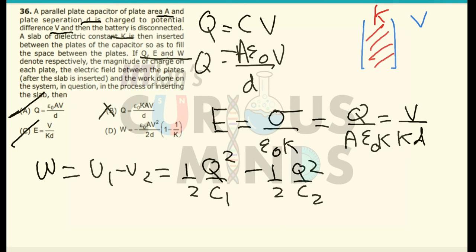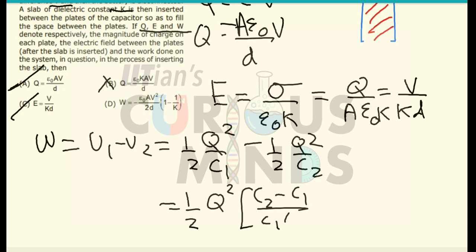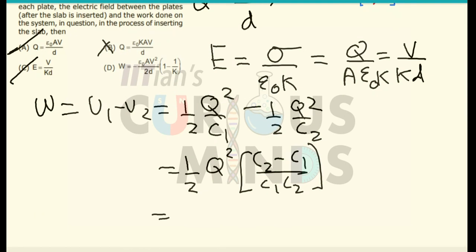The Q square remains the same, so it is equal to half Q square into C2 minus C1 divided by C1 into C2.